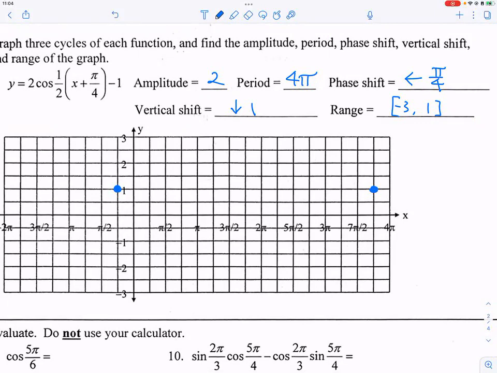That means right in the middle of these 2 highest points, we should expect to see the lowest point. So the lowest point, which is at -3 for the y value, should appear at 1 square to the left of 2 pi.